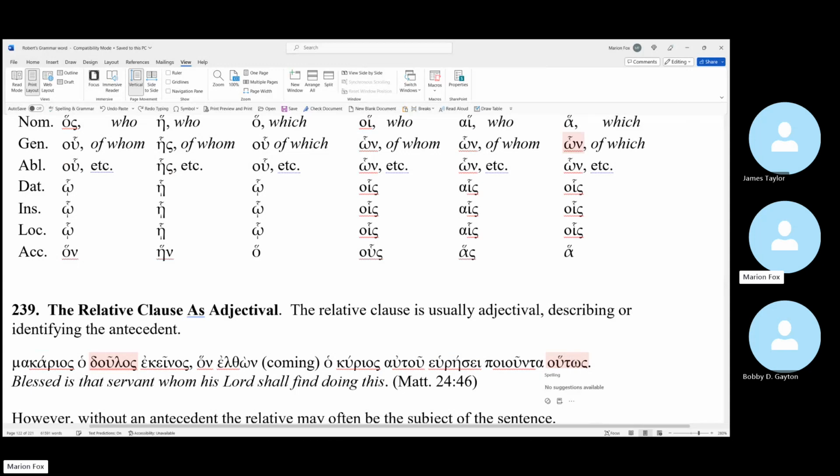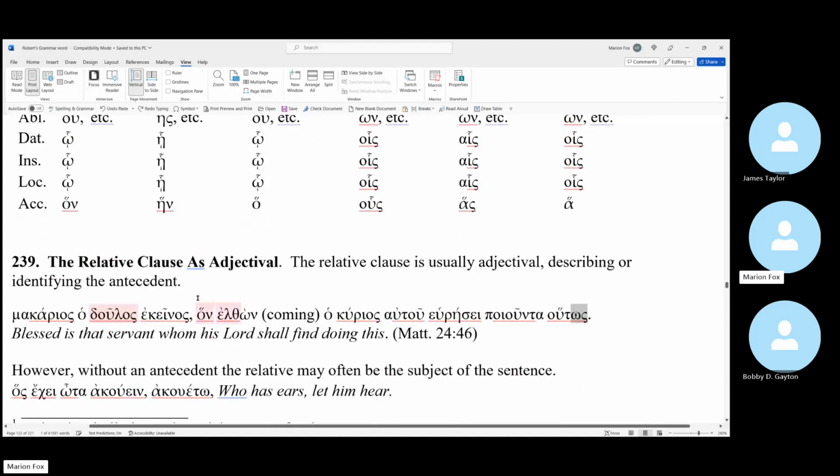The ōs ending, omega sigma, is the ending for an adverb of manner, same as our English ly ending. Okay. All right, so there's a relative clause.